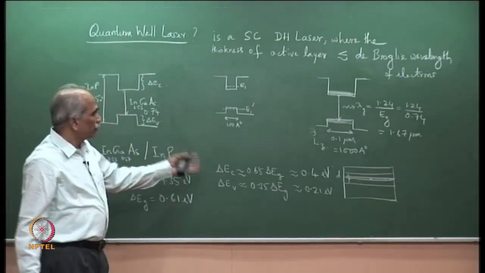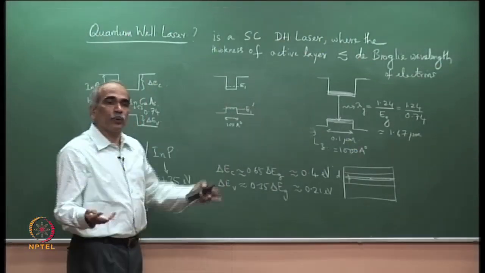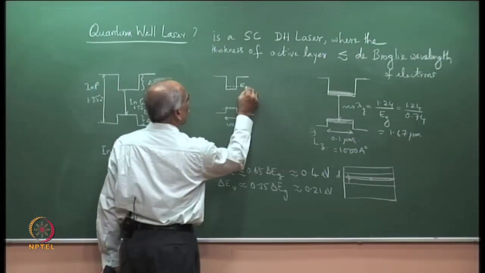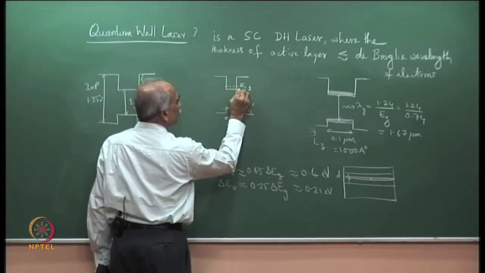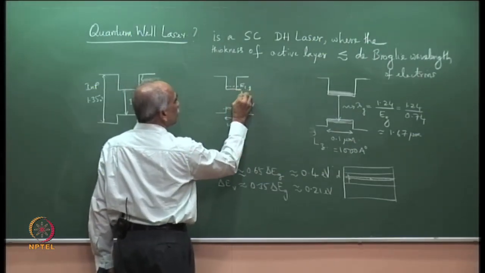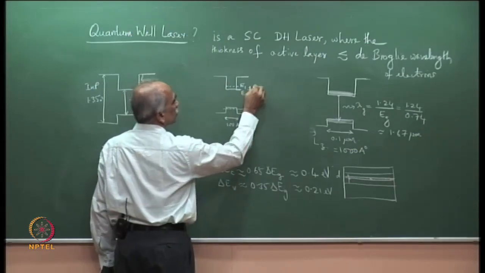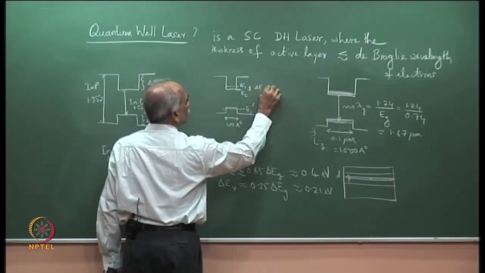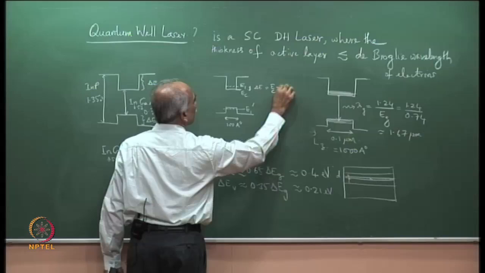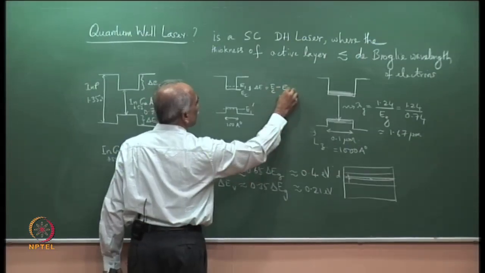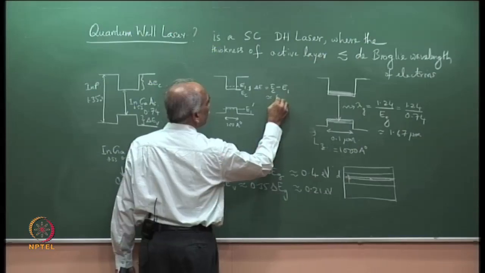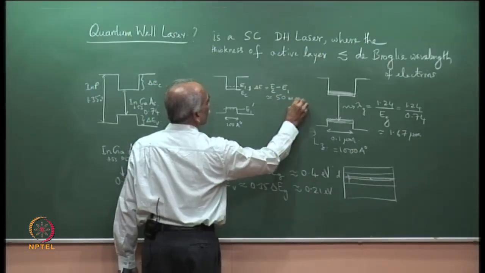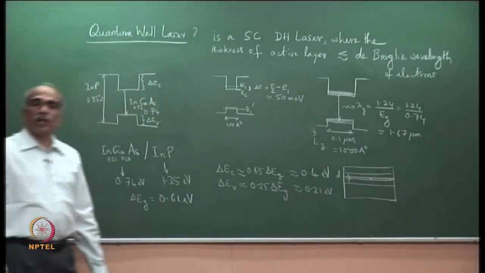Typical numbers, which you can calculate: this delta E here, the difference between EC and E1, delta E equal to E1 minus EC, is typically equal to 50 meV, that is 0.05 eV.